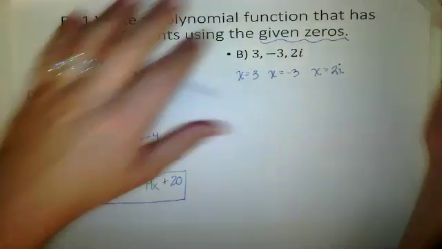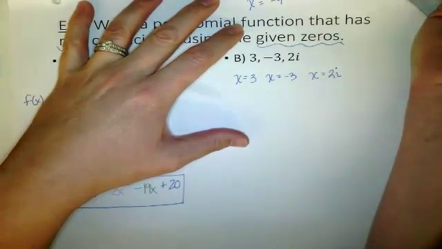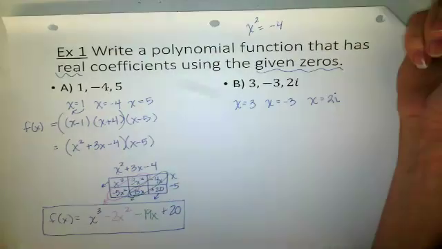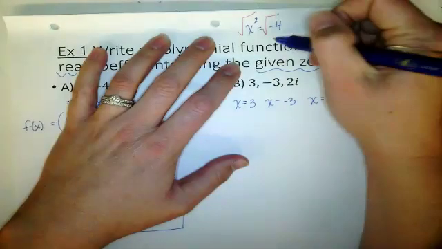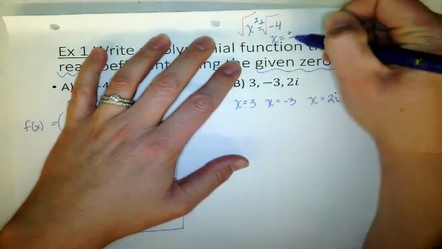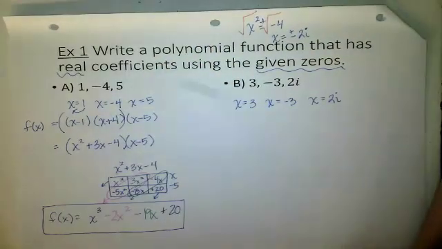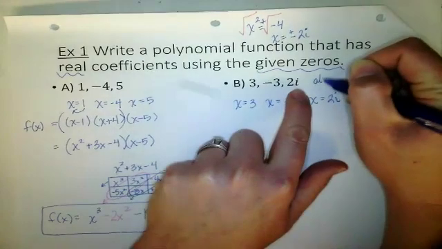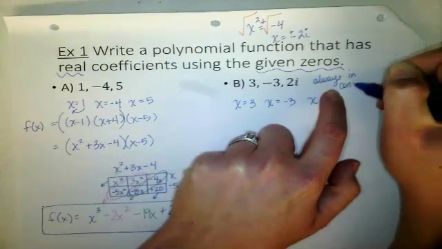Imaginary solutions come from equations like x squared equals negative 4, right? If you were to solve for x, you get plus or minus 2i. So complex solutions always come in conjugate pairs.